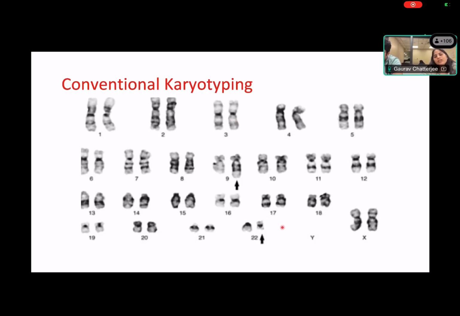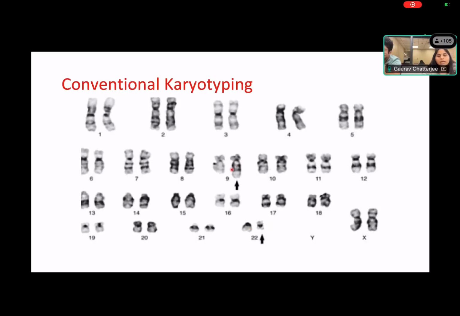So in conventional karyotyping, what is the finding here? Sayanta, do you want to tell? Yeah, in this, the Q arm of the 22nd chromosome is shortened, whereas the Q arm of the 9th chromosome is of a larger length, and this denotes a translocation between chromosome 9 and 22.